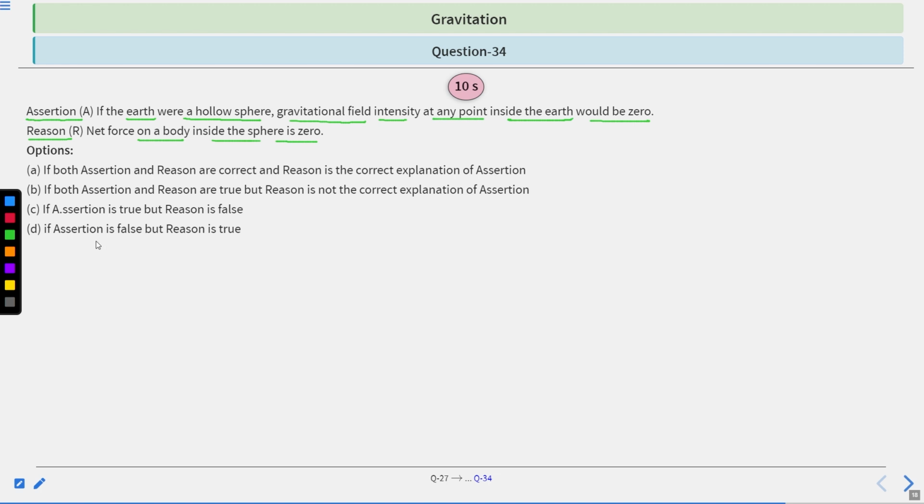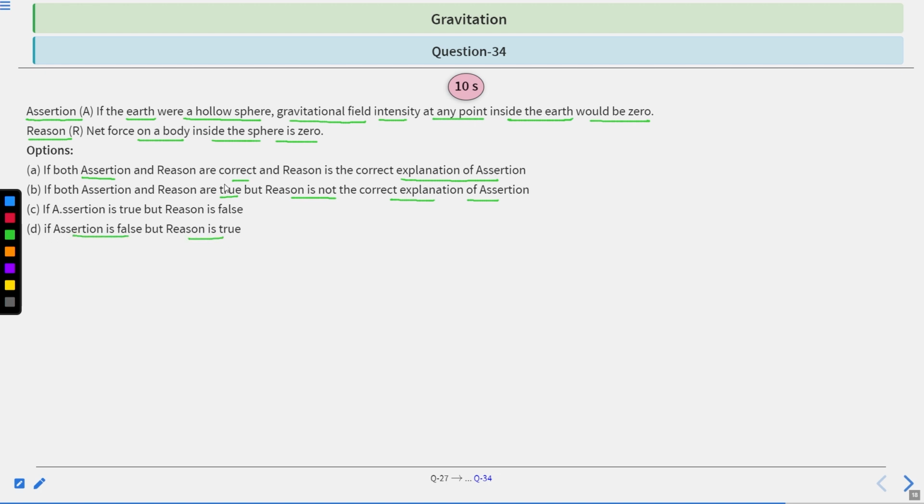The given options: option A, if both assertion and reason are correct and reason is the correct explanation of assertion. Option B, if both assertion and reason are true, but reason is not the correct explanation of assertion. Option C, if assertion is true, but reason is false. And option D, assertion is false, but reason is true.